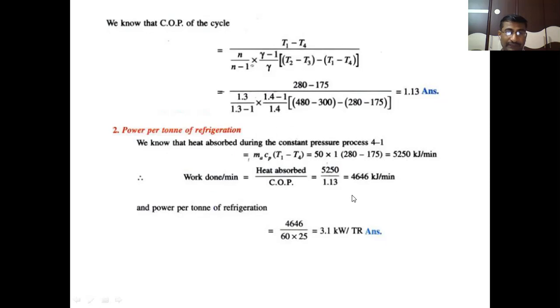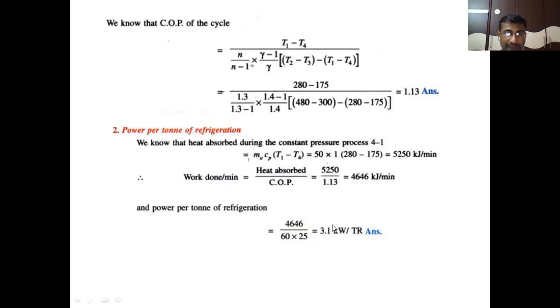If we convert into kilowatts, we get the power per ton of refrigeration. We divide 4646 by 60 to get kilowatts. The power required for 25 tons of refrigeration is 4646 by 60. For every one ton of refrigeration we divide by 25, because the system capacity is 25 tons.